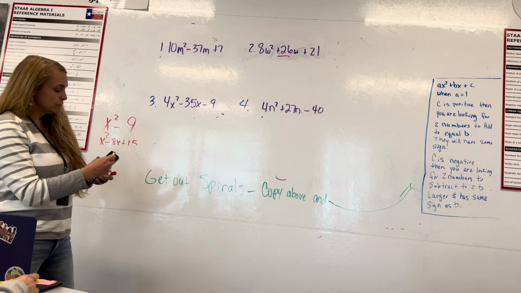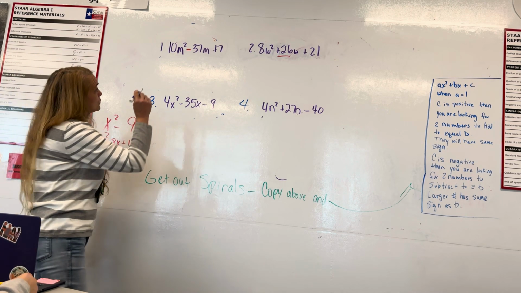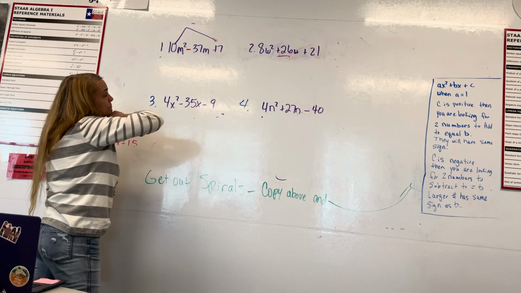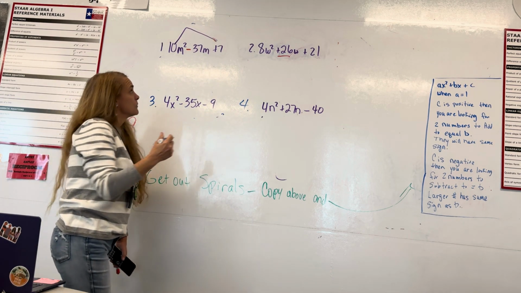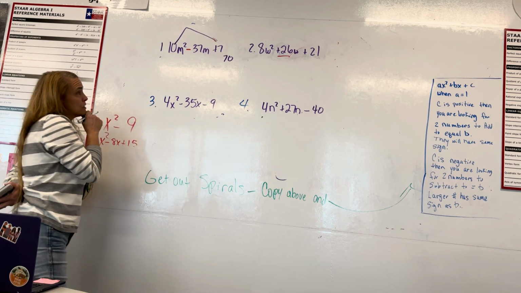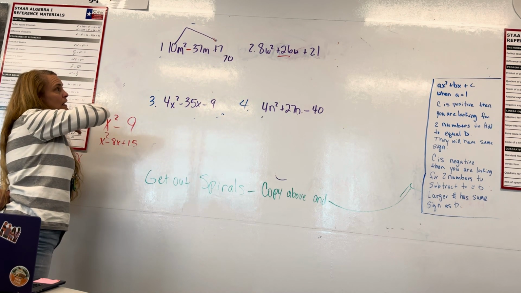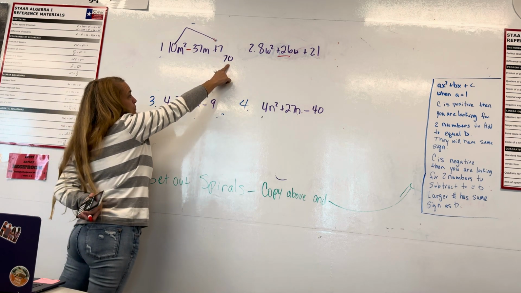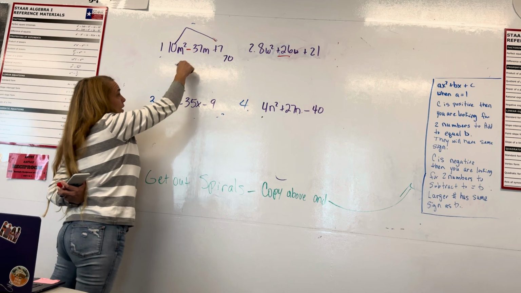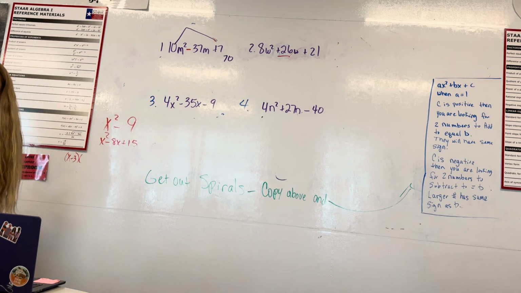So this is what you do. Y'all ready? Okay. So you're going to take 10 times 7. What's 10 times 7? 70. So now you're back to what we did last week. What multiplies to give you 70, and because this is plus, adds together to give you negative 37?